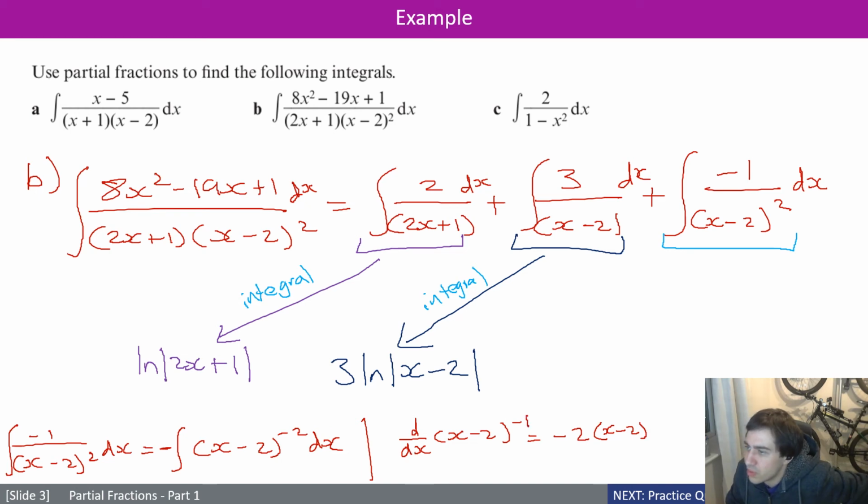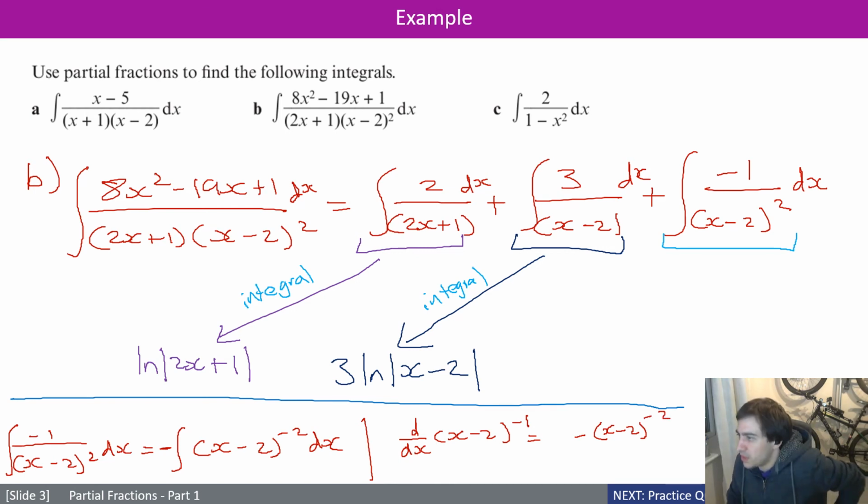So x minus 2 to the minus 1 differentiated gives me minus 1 times x minus 2 to the minus 2 multiplied by the derivative of x minus 2, which is 1, so it stays as it is. And in fact, we've got it first time. That's exactly it, isn't it? Minus x minus 2 to the minus 2 is this thing here. So we don't even have to tweak it.